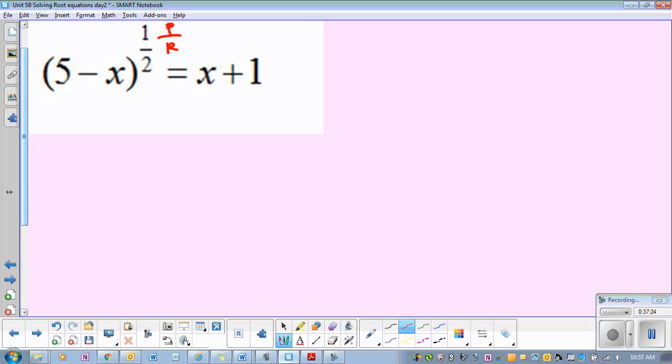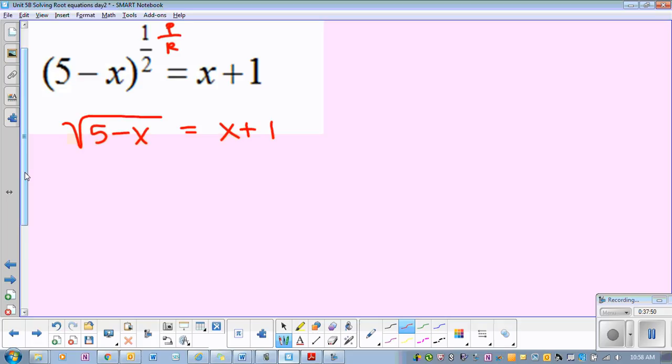It's power over root. Draw my root. Put 5 minus x. My power is 1. My root is 2. Do I have to write a 2 here? No. It's a given, right? It's known. So equals x plus 1.